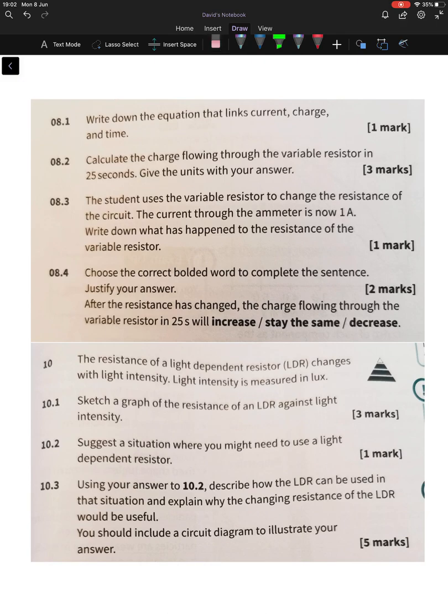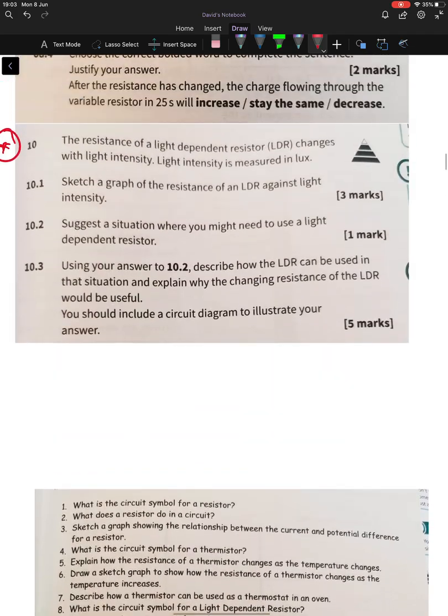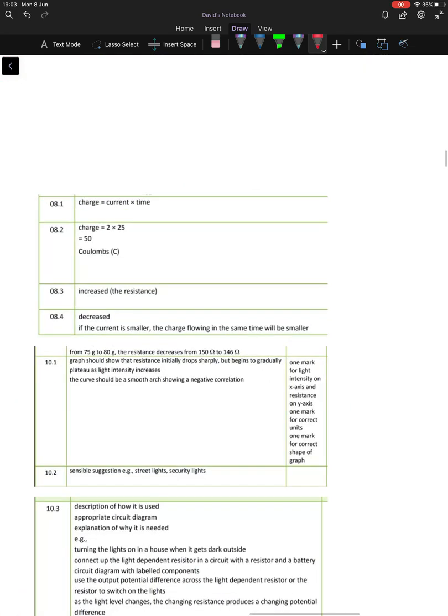Right, now that you've had a go at that, pause the video and see if you can have a go at these two questions using your own notes, using any internet resources, using the information from this lesson. Once you've unpaused that and had a go, I'll show the answers. Right, so hopefully you've had a go at these. Let's now show the answers to them.